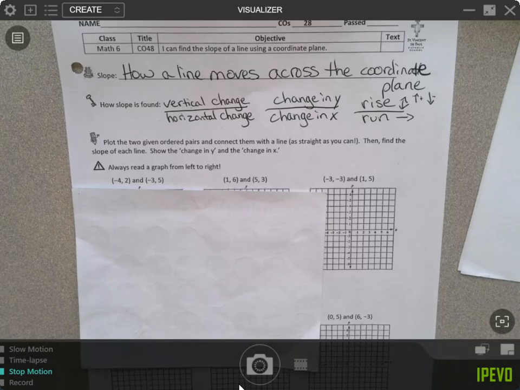We don't have to get our ruler out, but we are going to do our best. But we're going to keep in mind that when we are drawing the line, it's not going to be perfect, because we're not perfect when we draw. That's why we need to do the math to find the slope. We can't guess and say, well, it looks like it's this. We have to do the math.